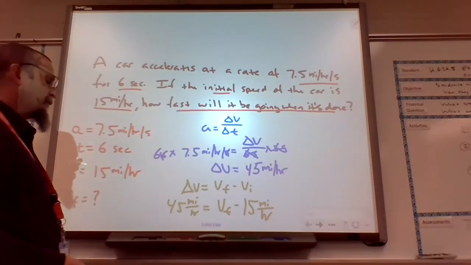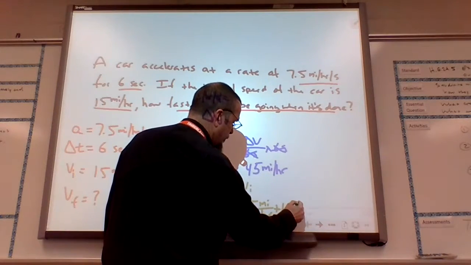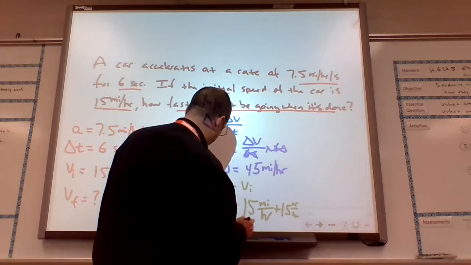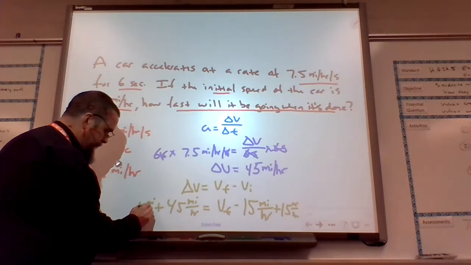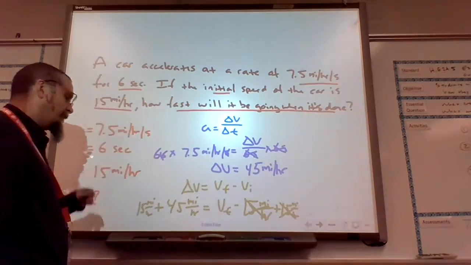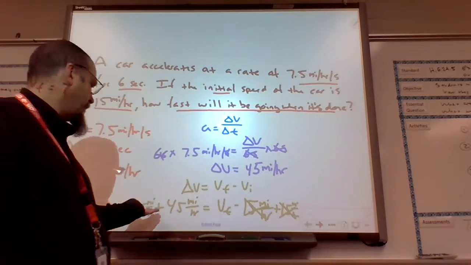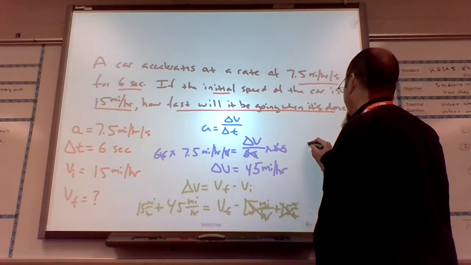Opposite operations again: because we're subtracting 15, we'll add 15 to both sides. Solve. They cancel out completely. VF is 45 plus 15, which is 60 miles per hour.